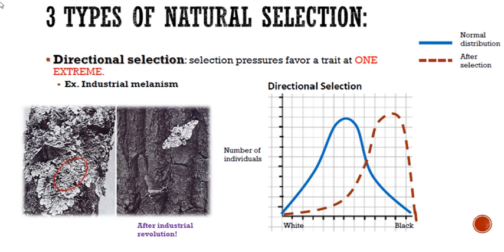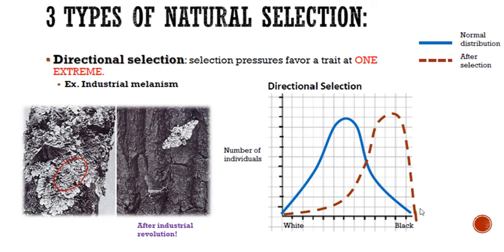Directional. This is where we see a shift, where one extreme is favored over the others. We already talked about your moths during the Industrial Revolution and how the black moth was favored after the revolution compared to the white moth because it could blend in better.